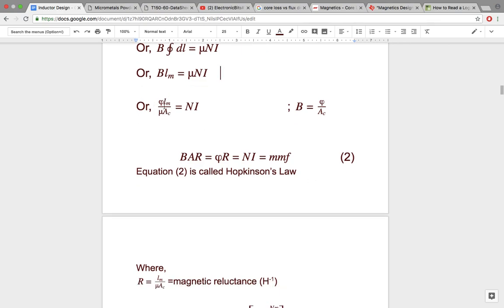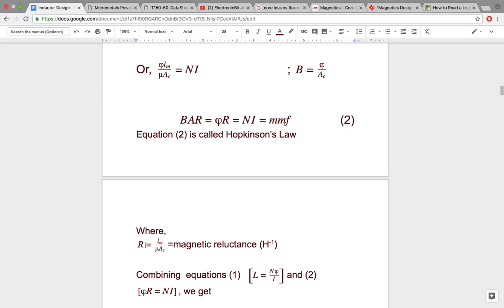Further, we can replace Lm by mu Ac with the symbol R. So Lm by mu Ac is replaced by R, which is called the magnetic reluctance, which is analogous to electric resistance, but they are not completely analogous. Electric resistance actually dissipates energy, but magnetic reluctance stores energy. Basically, the magnetic energy is stored in the reluctance, not dissipated.